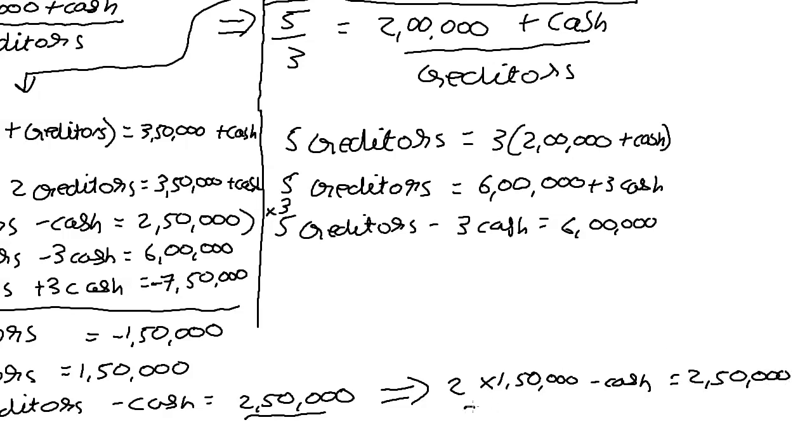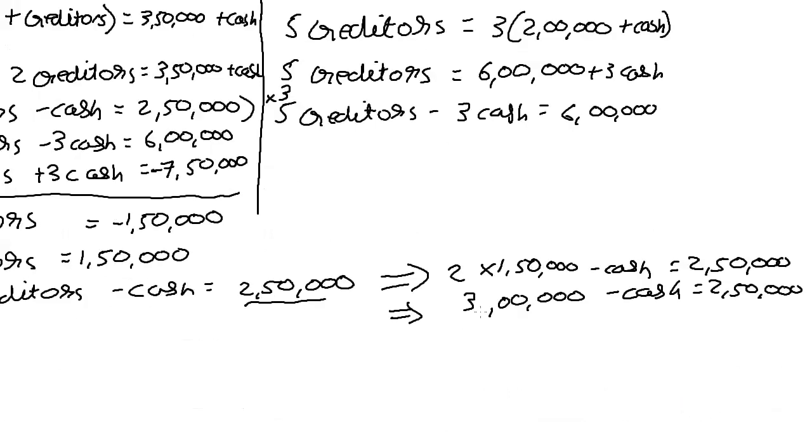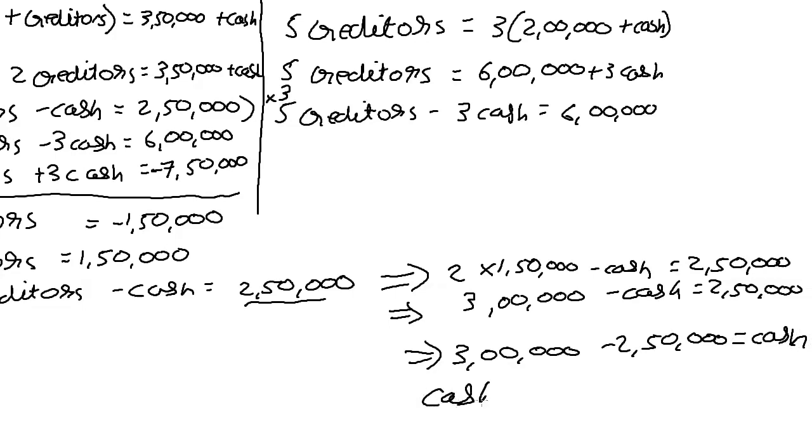Okay, so that means 3 lakhs minus cash is equal to 2,50,000. 2,50,000 is positive, goes that side, becomes negative. Cash is negative, goes that side, becomes positive. So ultimately we have 3 lakhs minus 2,50,000 is equal to cash, and therefore cash is equal to 50,000.